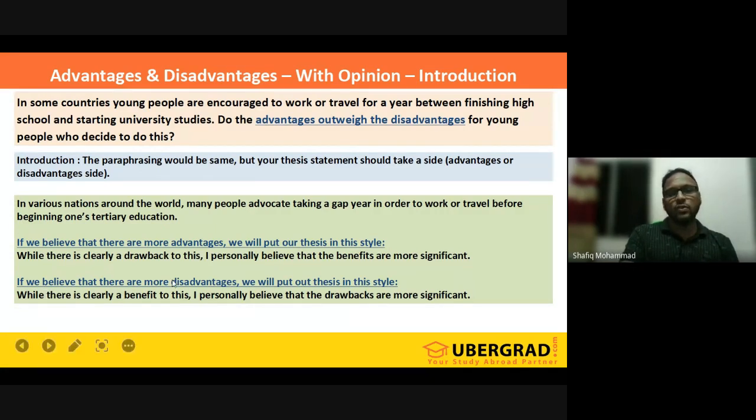If you're more inclined towards disadvantages, then you will write: while there is clearly a benefit to this, I personally believe that the drawbacks are more significant. You're just changing your side, depending upon your opinion. So here you're stating your opinion, because he's asking, and the answer to this question will be in your thesis statement.